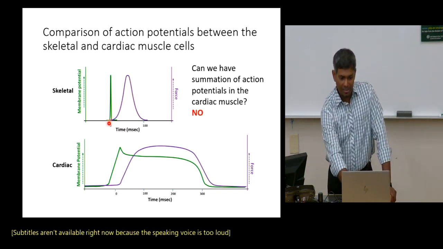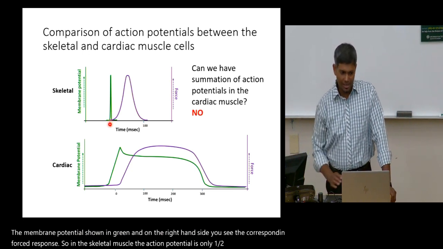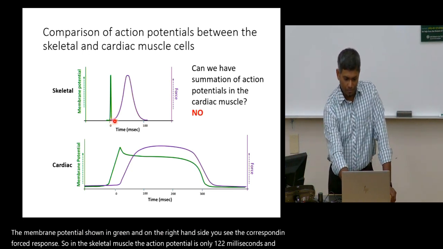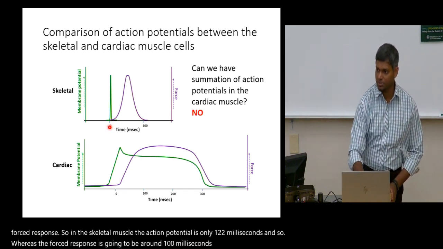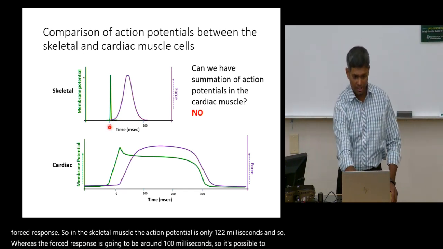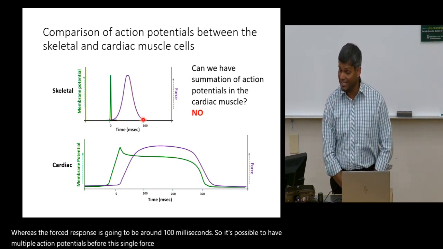So in the skeletal muscle the action potential is only 1 to 2 milliseconds, whereas the force response is going to be around 100 milliseconds. So it's possible to have multiple action potentials before this single force response ends.